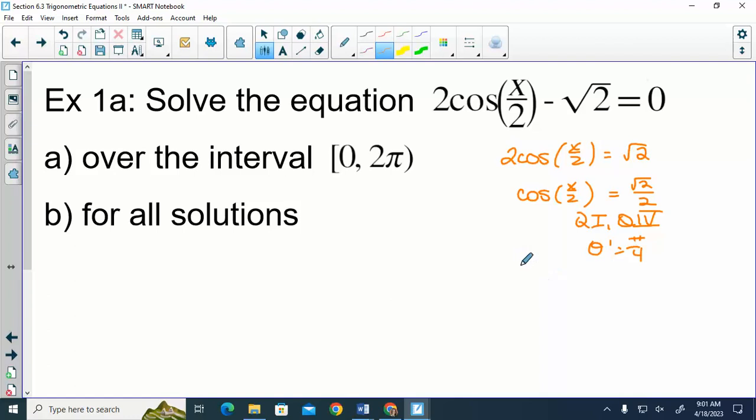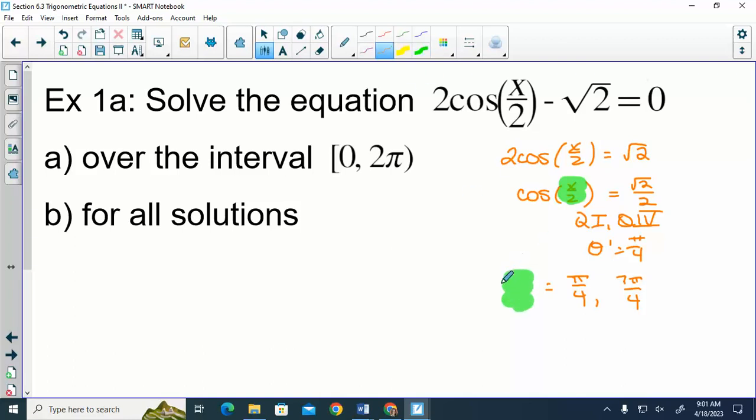So pi over 4 in quadrant 1 is pi over 4. In quadrant 4, that's 7 pi over 4. Now here's where the difference comes in. My angle is x over 2.